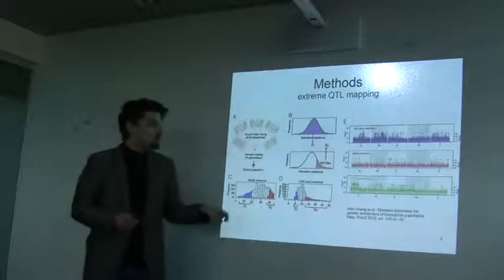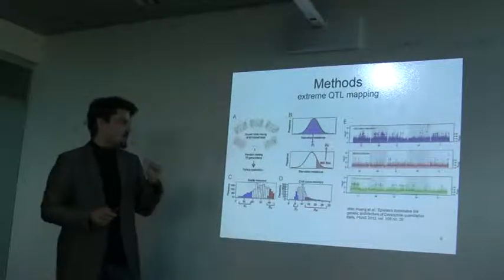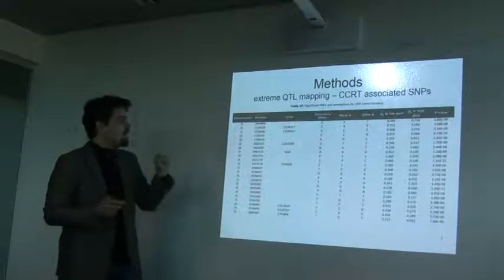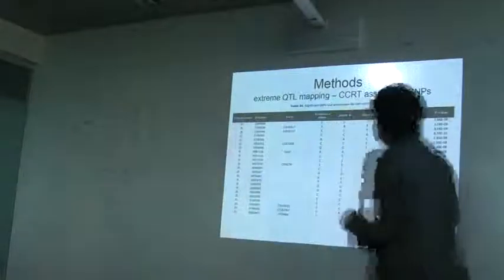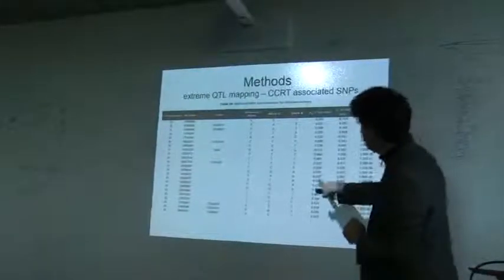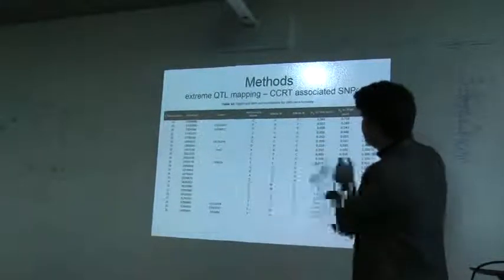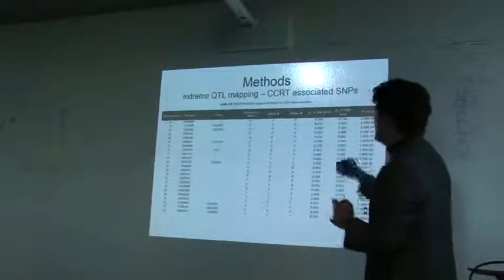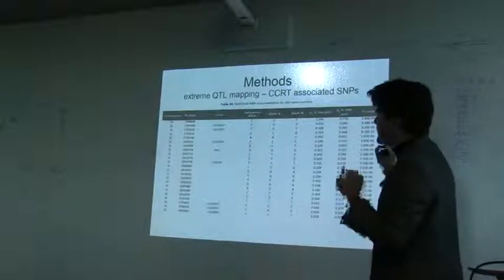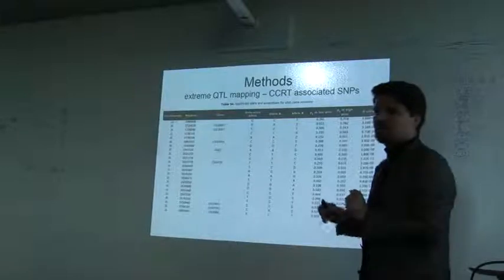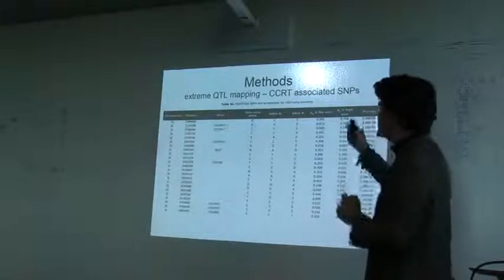And then what they wanted to know was if, for these SNPs, the allele frequency was significantly different between the low pool, the blue pool, and the red pool. And if it was significant on a genome-wide level, over a certain threshold, then they said, okay, this polymorphism is significantly associated to this particular trait.